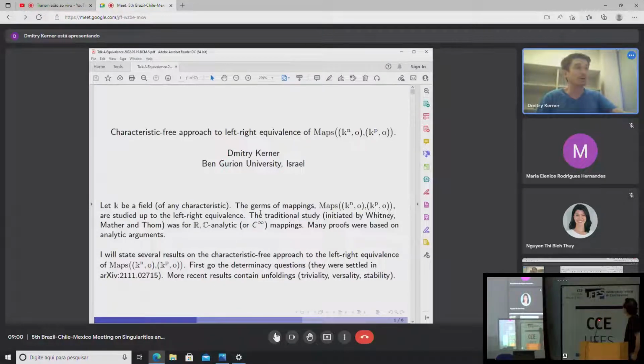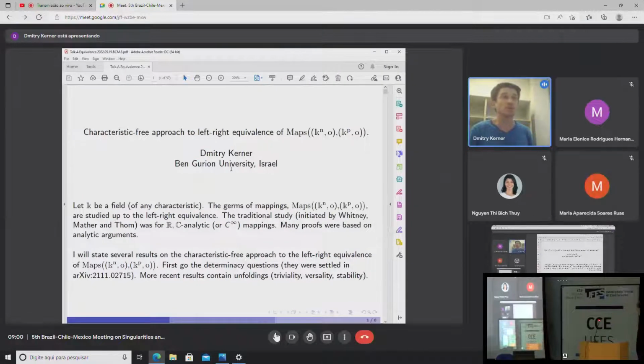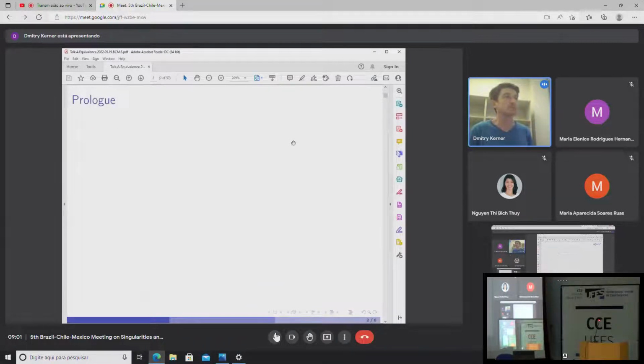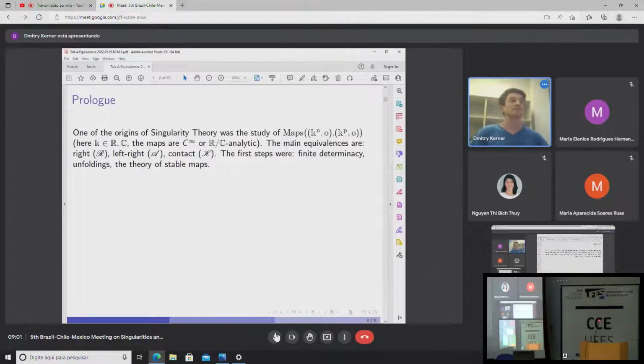Good. So let's start. I will speak about these maps. Let's start with the prologue, with the very old history. One of the origins of singularity theory was the study of these maps. Initially K was the real or complex numbers, and the maps were infinitely differentiable or real or complex analytic maps.